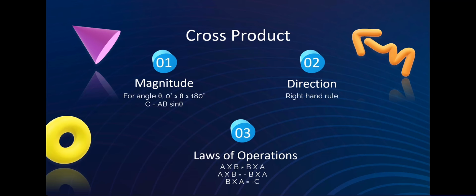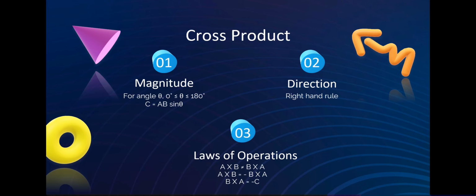Another thing is A times B is equal to negative B times A. Yes, this may look weird, but this is the fact that we need to admit. So we need to obey this law. Okay, no disagreement. So B times A is equal to negative C.